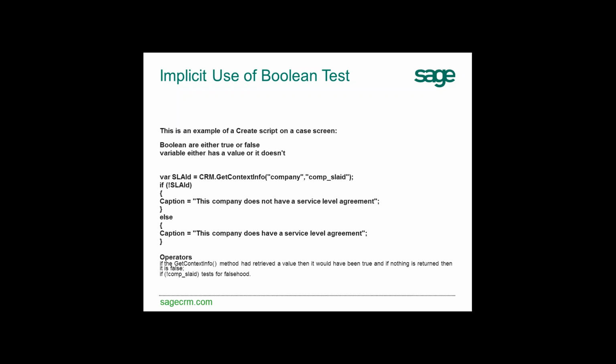This is an implicit Boolean test, and the exclamation mark is saying if it doesn't exist, or if it's null, or undefined, then it is saying that this company does not have a service level agreement. But if it was true, if it had a value, then that would fail that particular test, so the company would have a service level agreement. So you can see that we can test for falsehood just as much as we can test for truth.